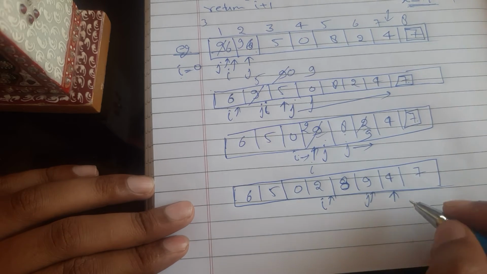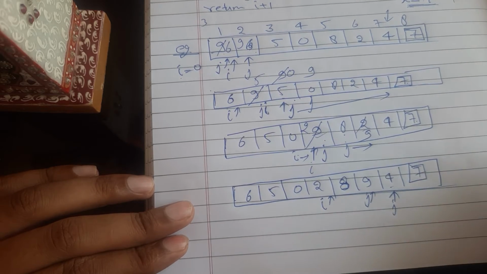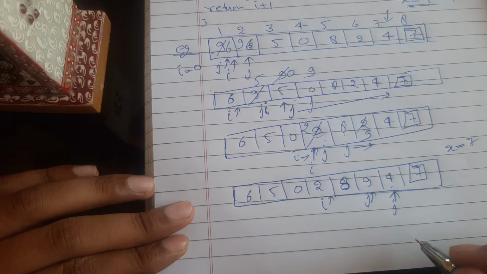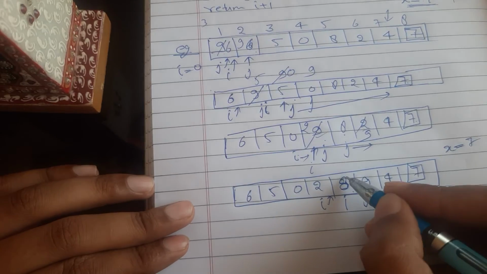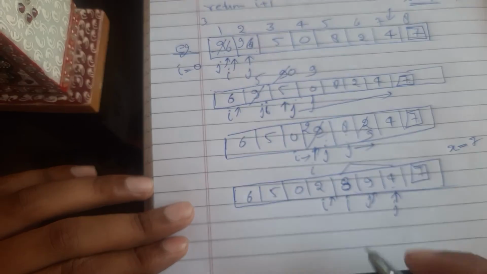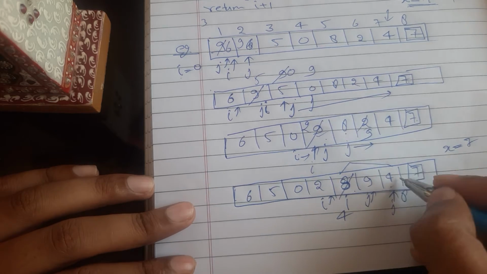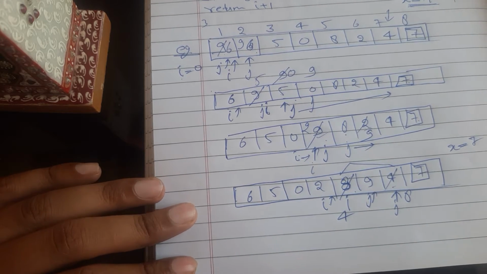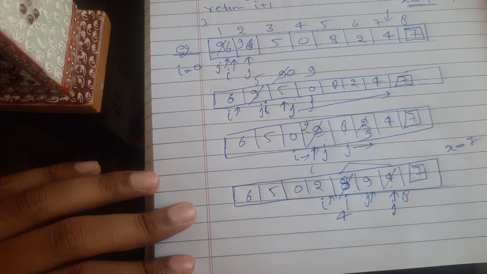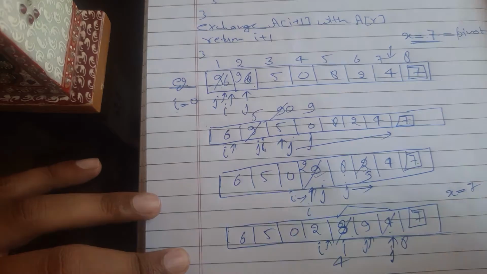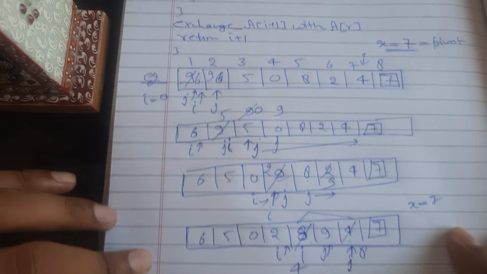When we increment j, is A of j less than the pivot, or we can say x equal to 7? Yes, then we increment i and swap A of i with A of j, then it is 4 and this is 8. Then the for loop is over, because we reach the maximum position, index r minus 1.